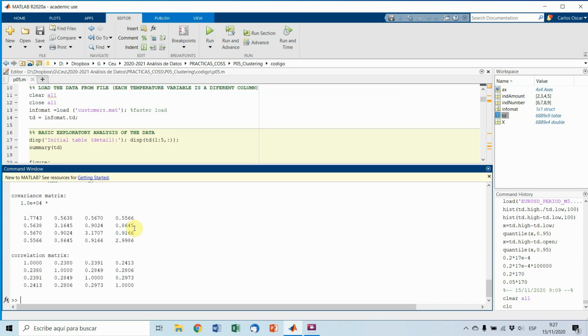But today we are concentrating on the raw data, on the raw amounts. Here we have the covariance matrix, and as we already know, the order of magnitude may change quite a lot depending on the nature of each of the variables.